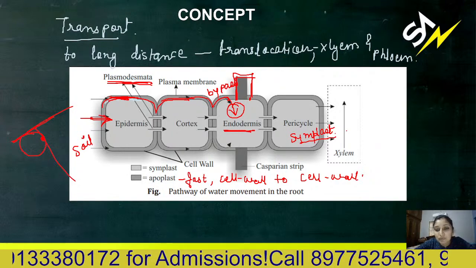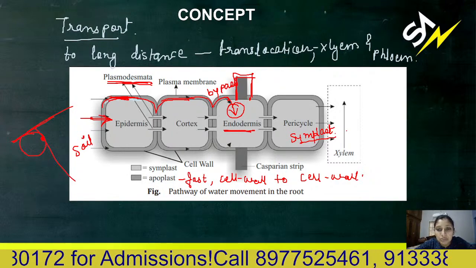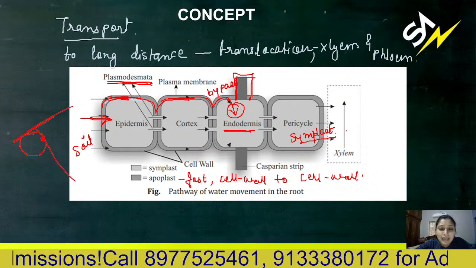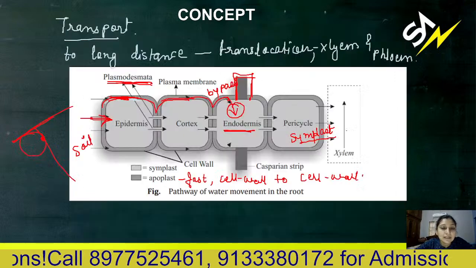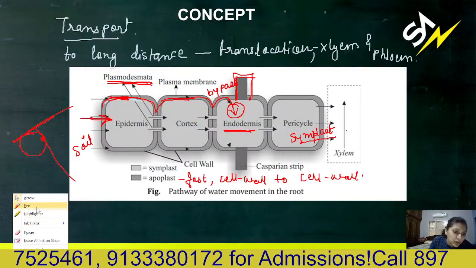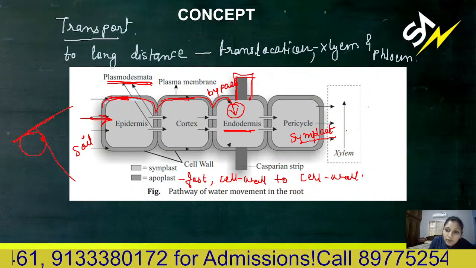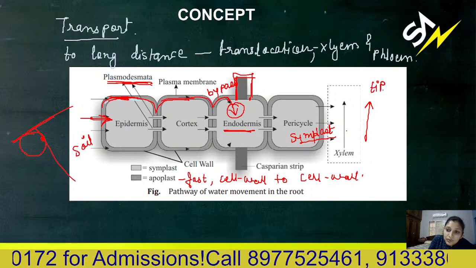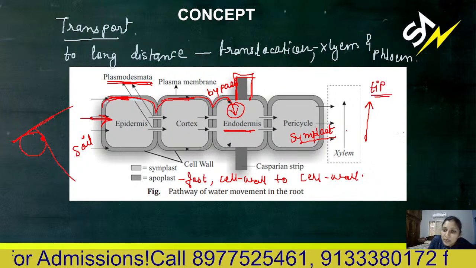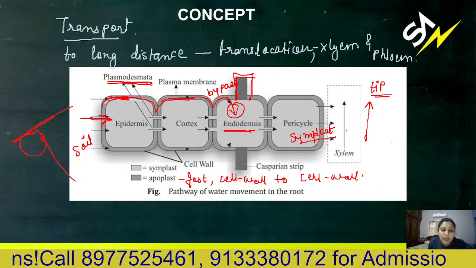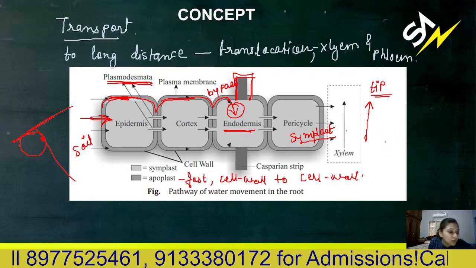Now, after water reaches the root xylem, it will be pulled up to the tip of the plant by transpiration pull and root pressure. So two things work here for the translocation of water up to the tip. This is known as the transpiration pull model: adhesion, cohesion, transpiration pull model.